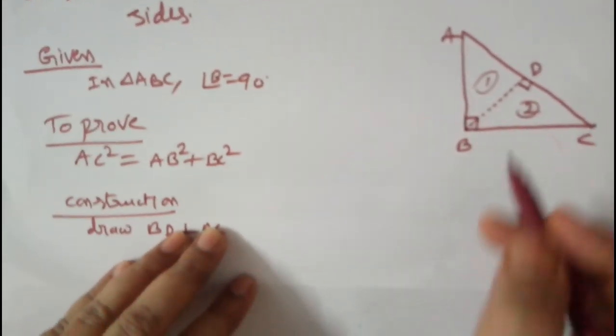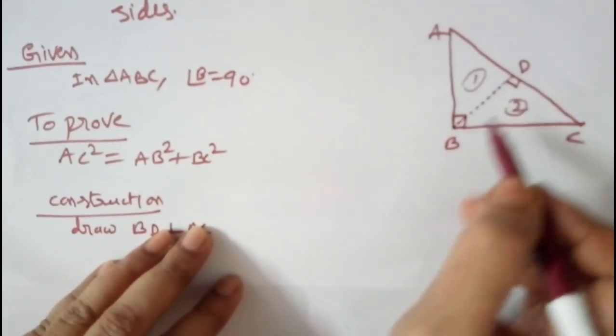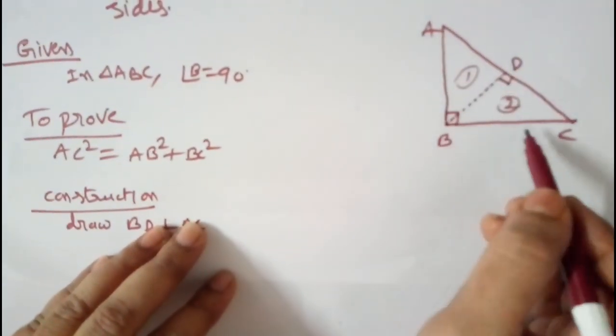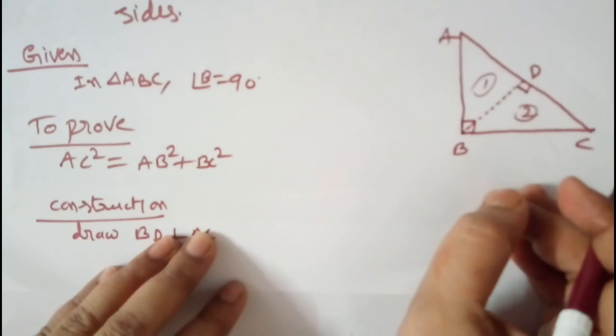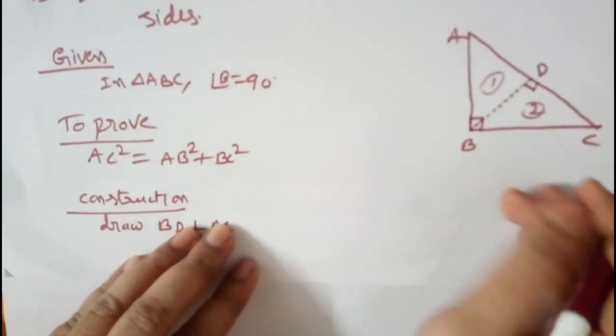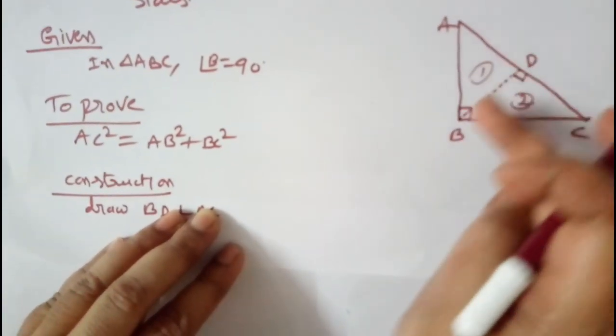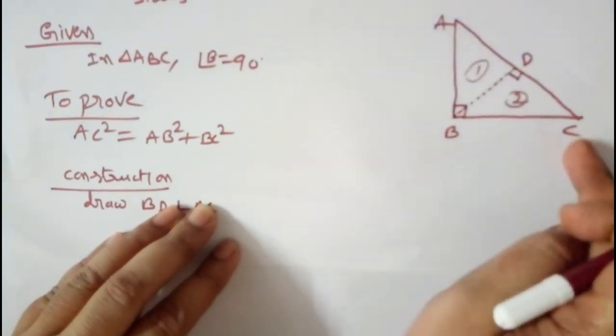Now consider triangles ADB and ABC. What are the equal angles in triangle ADB and ABC?